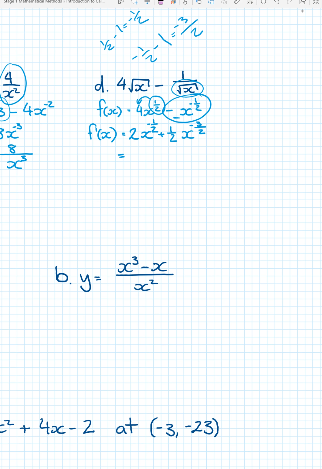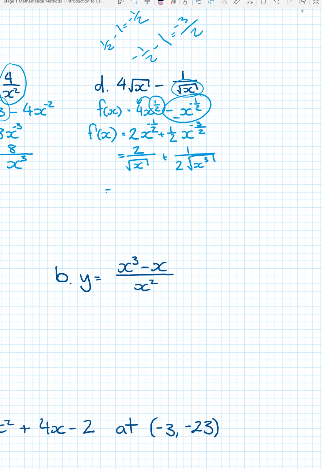So now we simplify these terms down. So we have 2 over x, the half means it's square rooted, plus 1 over 2 times, now x to the power of a fraction means we have x cubed square rooted.